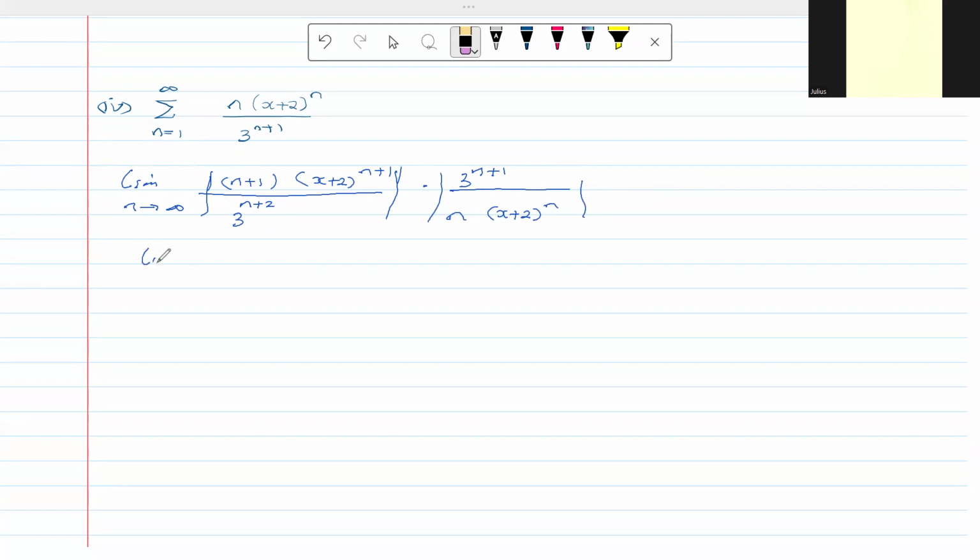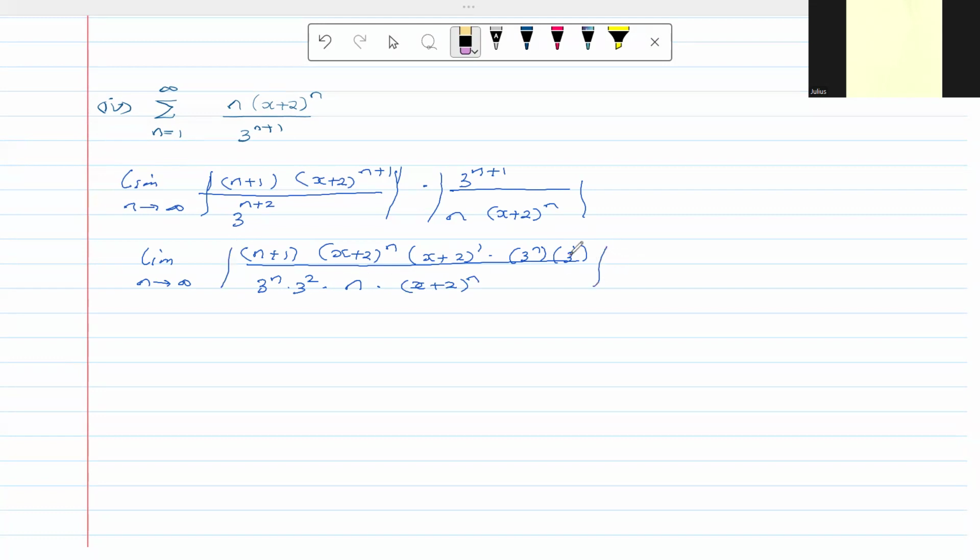So we have the limit as n tends to infinity, and we have n plus 1 in the numerator, multiplied by, I can split this one as (x plus 2) to the power of n with another (x plus 2) to the power of 1, and then I'm having a 3 to the power of 1. I can split again that one. Then I divide now by the denominator, which is 3 to the power of n, multiplied by 3 to the power of 2, multiplied by n, multiplied by (x plus 2) to the power of n. And all these in absolute symbol.